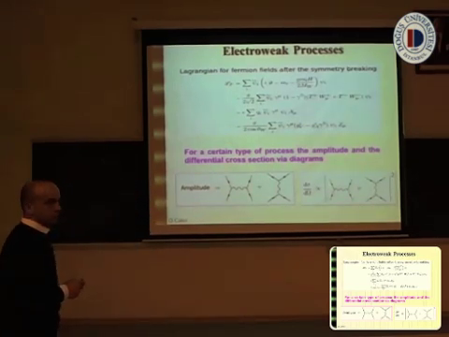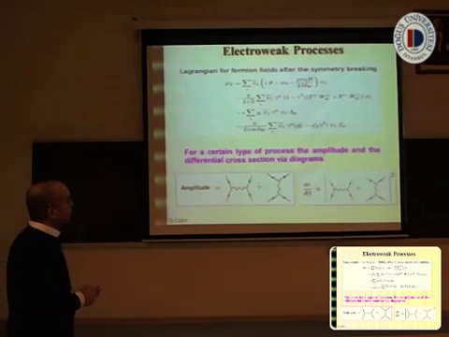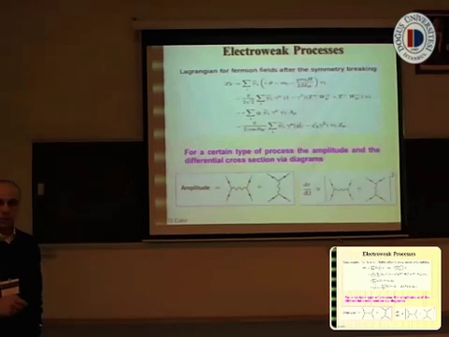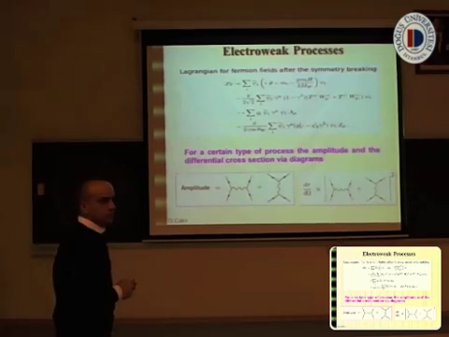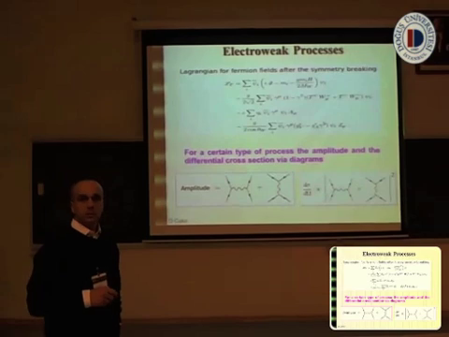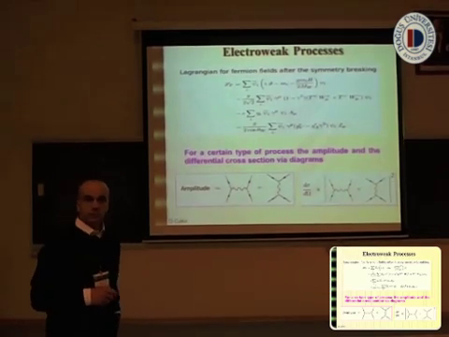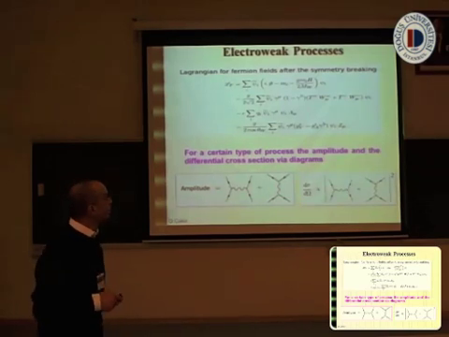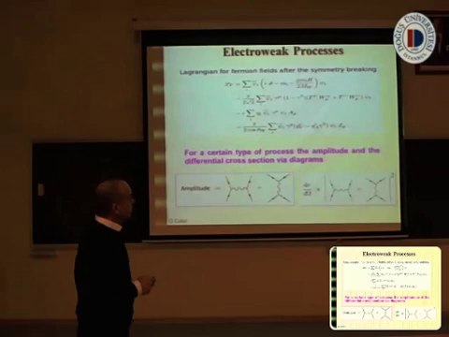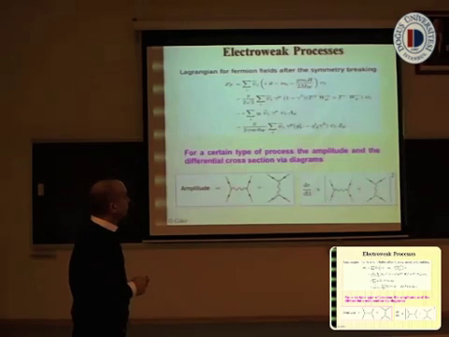The first term gives us, we have here D slash, which means gamma mu times d mu. d mu is a derivative according to x mu. Then it's the kinetic term for the fermion field. This is the mass of the fermion.